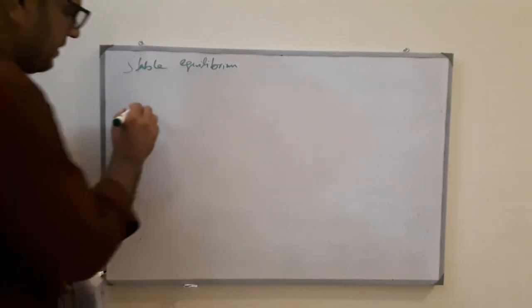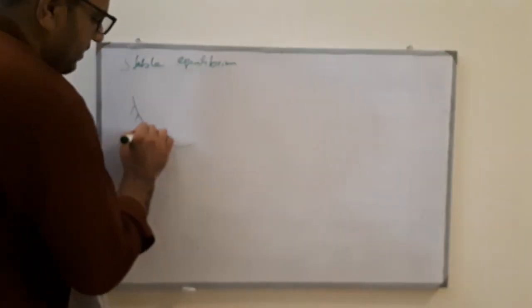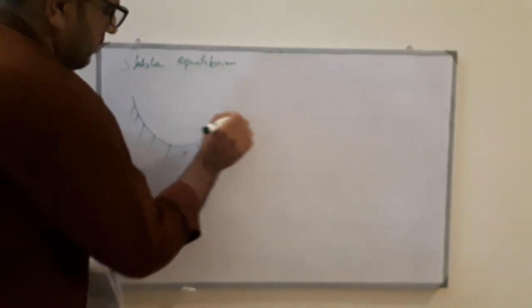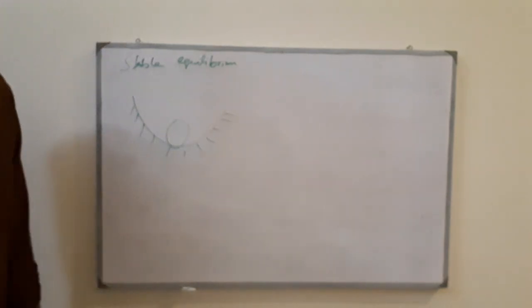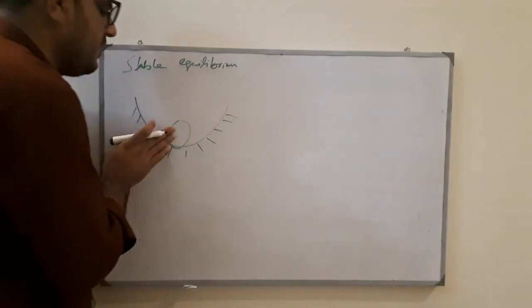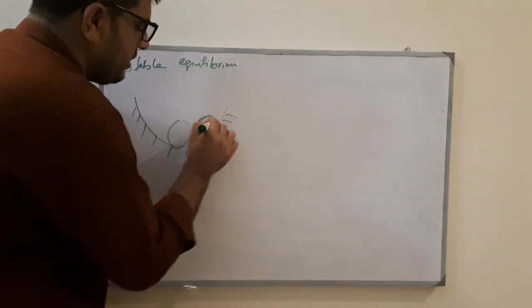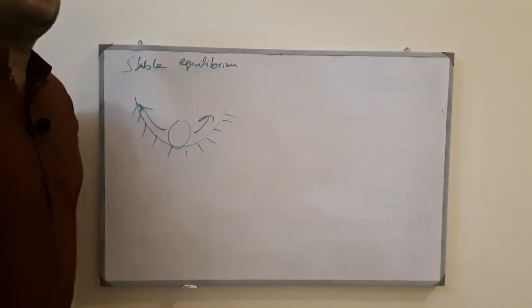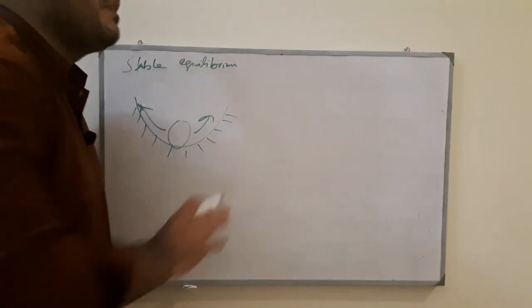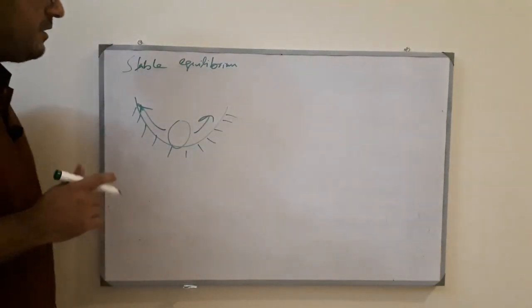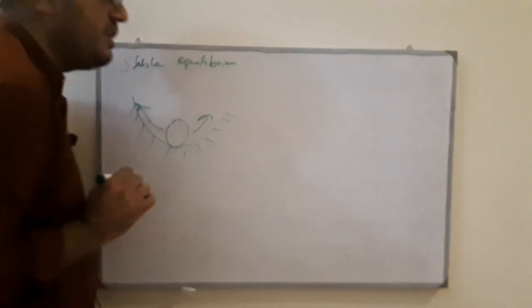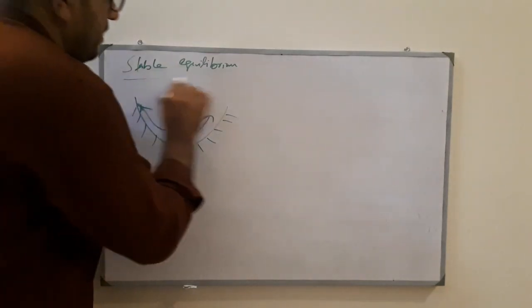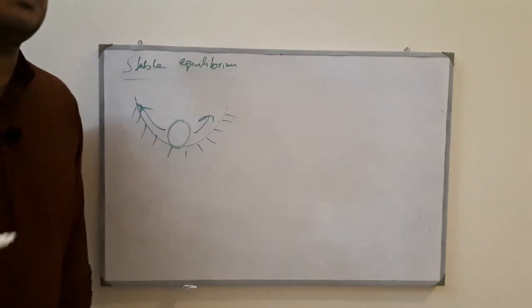Let's say this is a kind of surface, and there is a ball here. If I try to roll the ball in this direction or in this direction, like if I disturb its position by applying some external force, what will happen? It will eventually get to a stable equilibrium. It will come back to its original position.